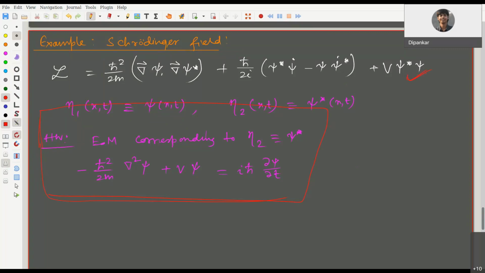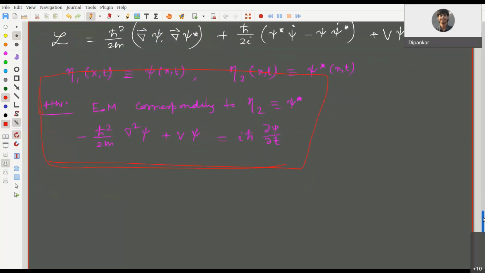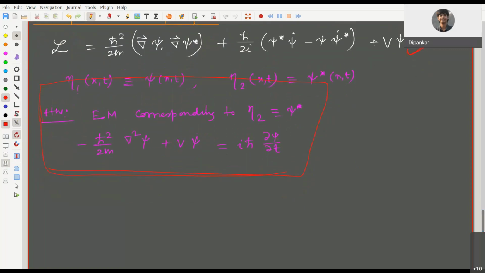I see that this Lagrangian contains a symmetry. So I notice that the Lagrangian has a symmetry.